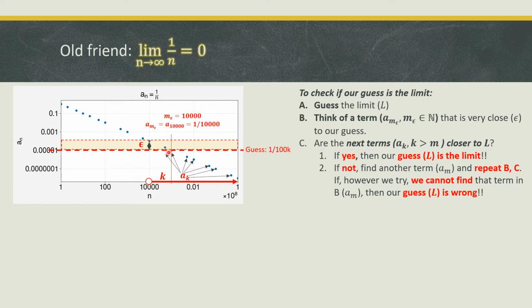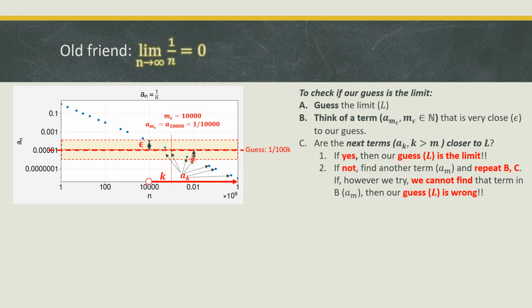So all of these terms after m sub epsilon are our a sub k. And so let us check if it does get closer and closer, which means it should get shorter and shorter than our chosen epsilon here.